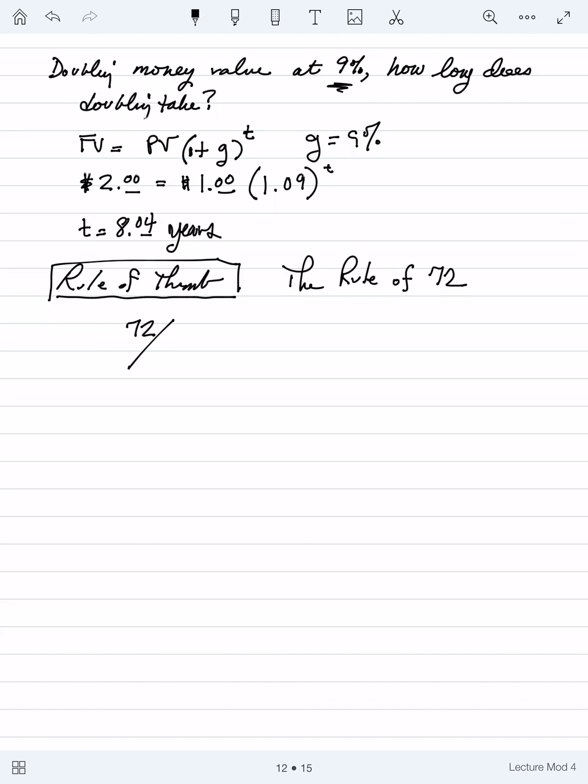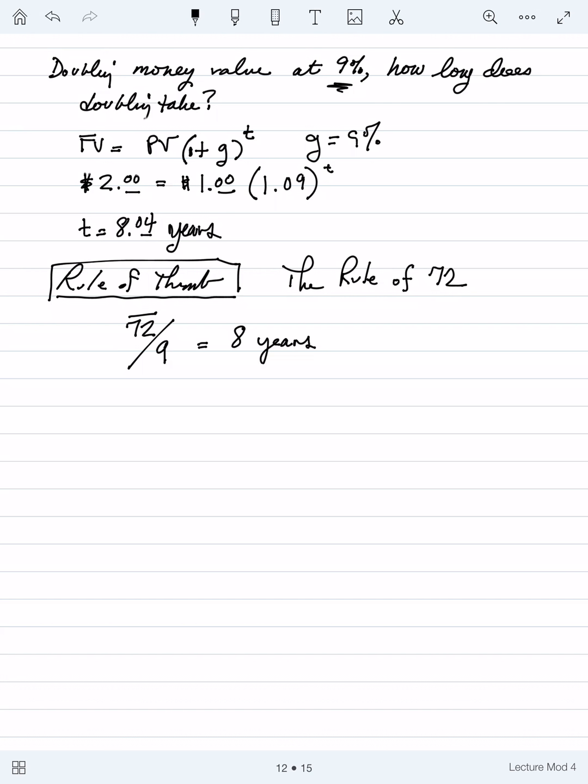Here we've got a 9% rate, so 9, and under the rule of thumb, it generates for us 8 years. It's a little bit off, it's just a rough way of estimating the amount of time to double money. 72 is a constant, so just use that and divide by whatever interest rate you establish.